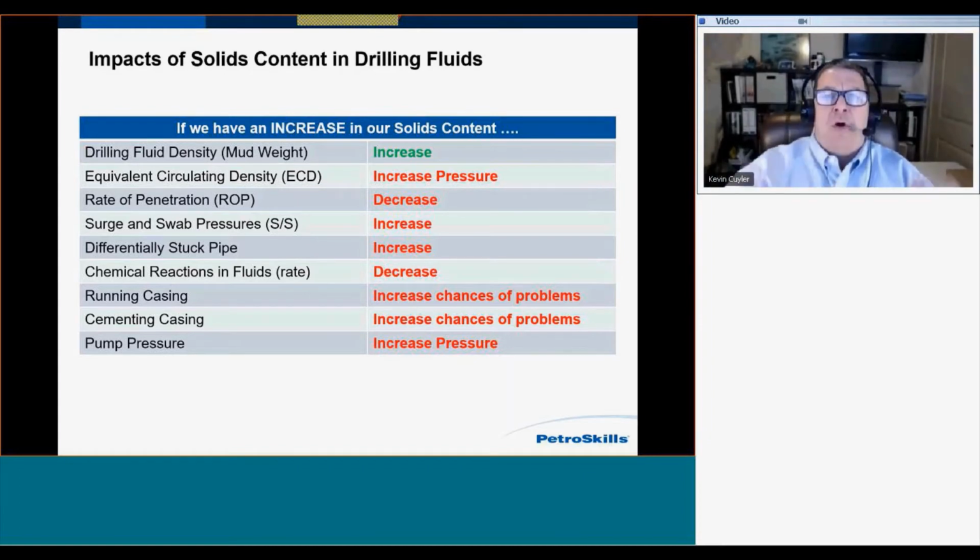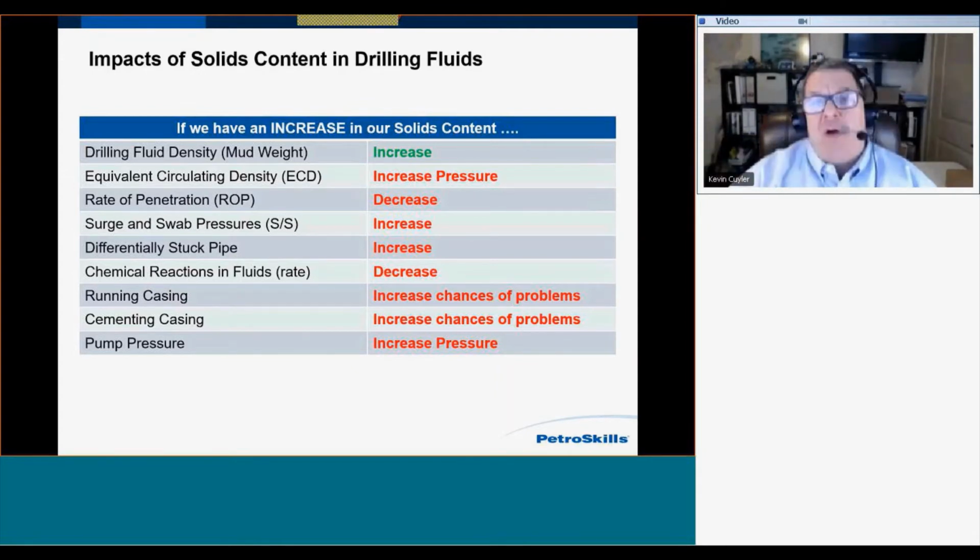When we pull out of the hole, we are essentially creating a low pressure system beneath the bit, and we are pulling formation fluids into that low pressure system. And as the fluid gets thicker, as there are more solids, the weight increases. It's harder to maintain those surge and swab pressures because the pressures increase.